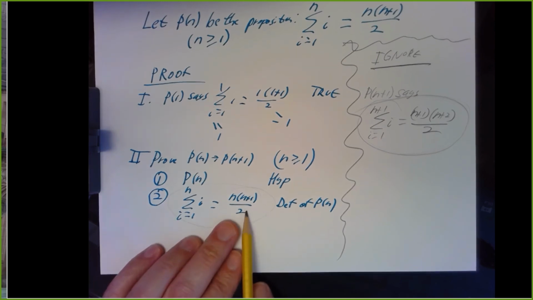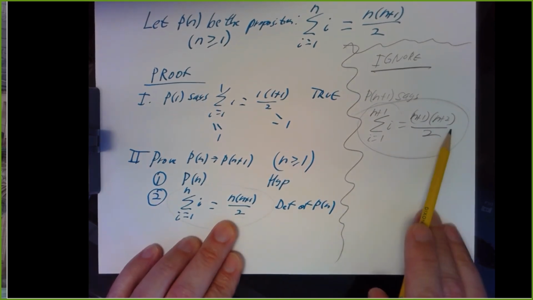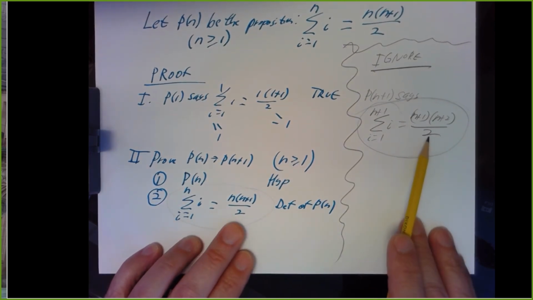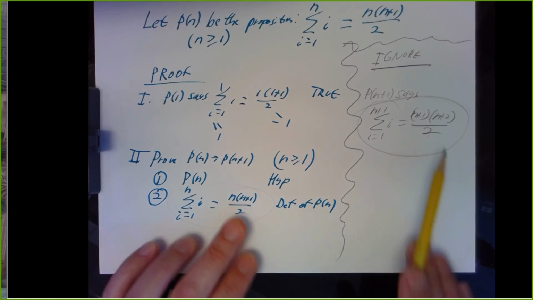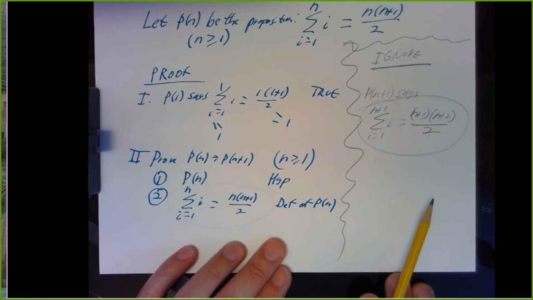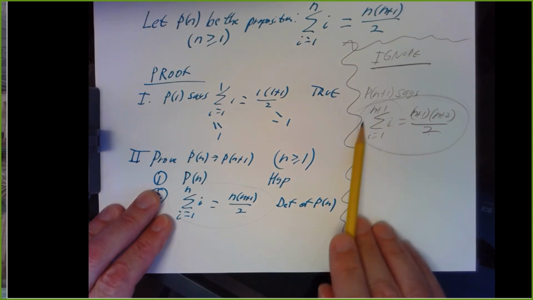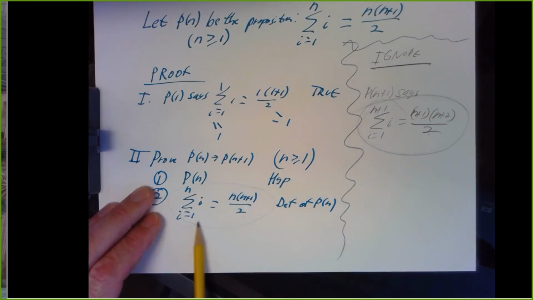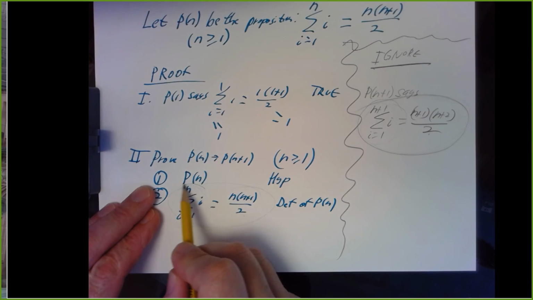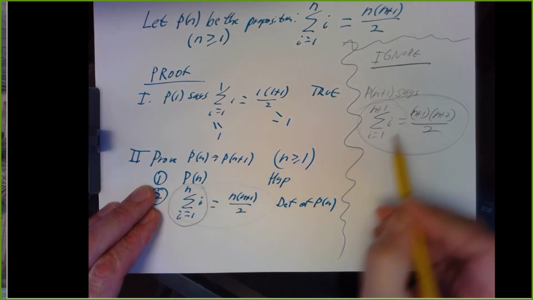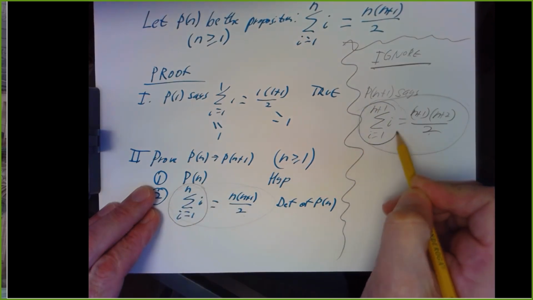We've got n times n plus 1 over 2. We've got n plus 1 times n plus 2 over 2. Well, there's an over 2 on the bottom, but the top part doesn't look very similar. But look at the left-hand side. Look at this, and look at that. Those are pretty close to each other. What would I have to do to change this expression into that expression?